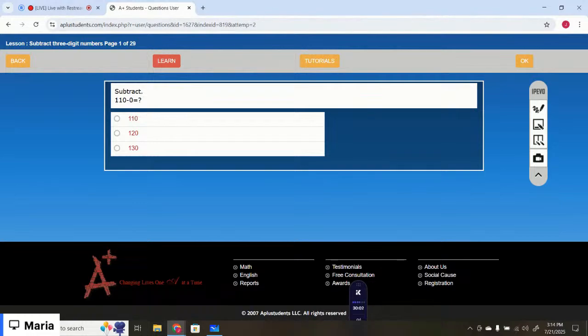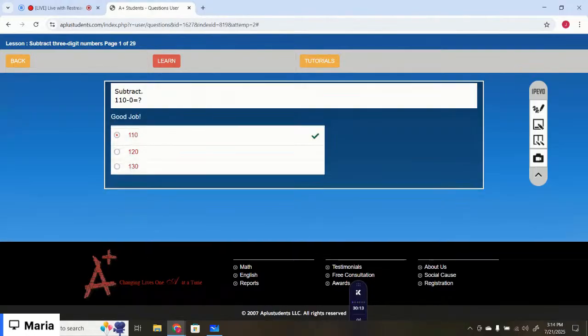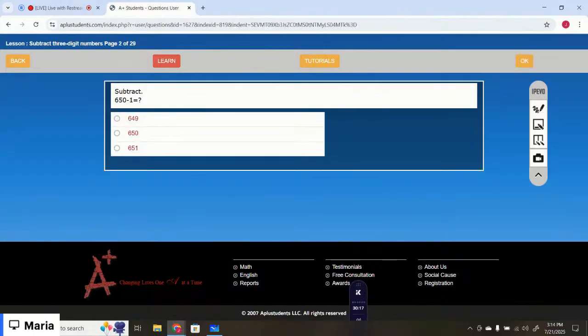Subtracting 0 from any number means the number stays the same. So 110 minus 0 is 110. Option number 1 is the correct option.